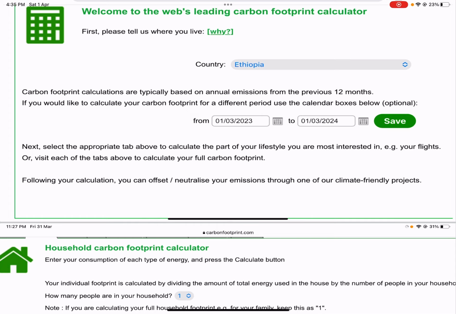Then it should ask for the period for which the carbon footprint is to be calculated. So generally, we calculate the annual footprint, and I have entered here a period for the year 23-24, right? And when you put such kind of information, the calculator would calculate the footprint for the total year.